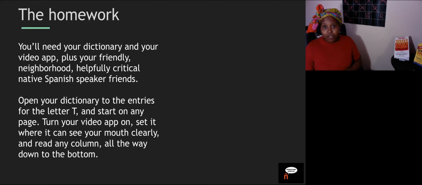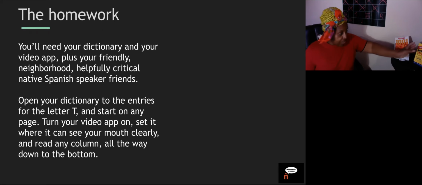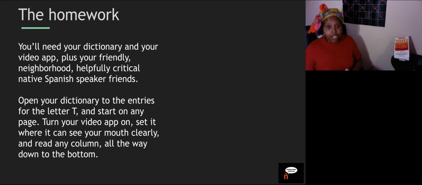Let's work on some homework. You'll need your dictionary, your video app, and your friendly neighborhood, helpfully critical native Spanish-speaking friends for this one. Open your dictionary to the entries for the letter T, anywhere. Turn your video app on.